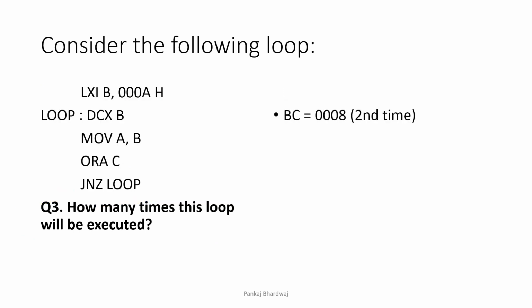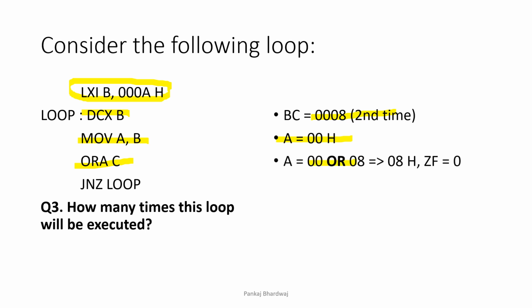Next, obviously the first instruction does not execute again because BC already has 9 from the previous case. So decrement C, that means it will become 8 the second time. Then MOV A, B, A will become 00, then A ORed with C, that means 00 ORed with 08, so it will be 08, and again the zero flag is not set.